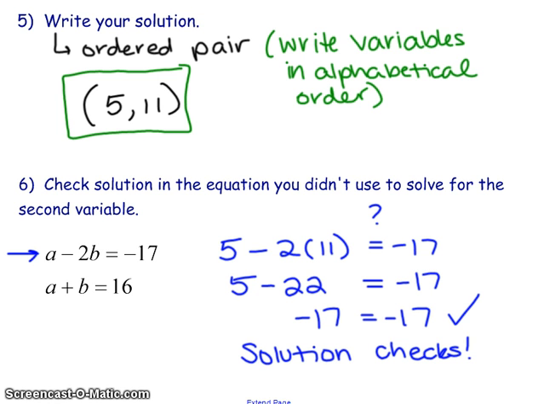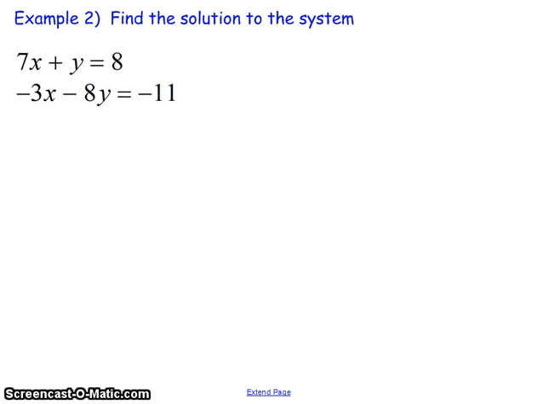Now I'm going to start a second one, and I'm going to have you finish it on your own. So our second example is find the solution to the system. You know that your first step should be to choose one equation and solve it for one variable. So in this particular problem, you should take this first equation and solve it for y.